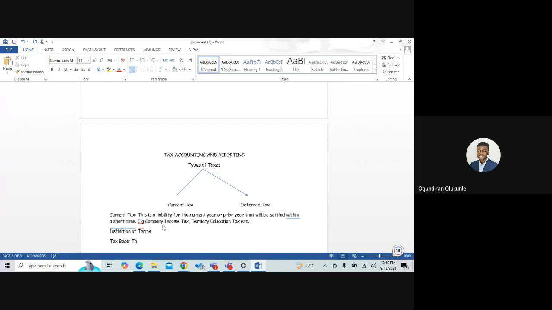Tax base is the amount attributable to an asset or liability for tax purposes.